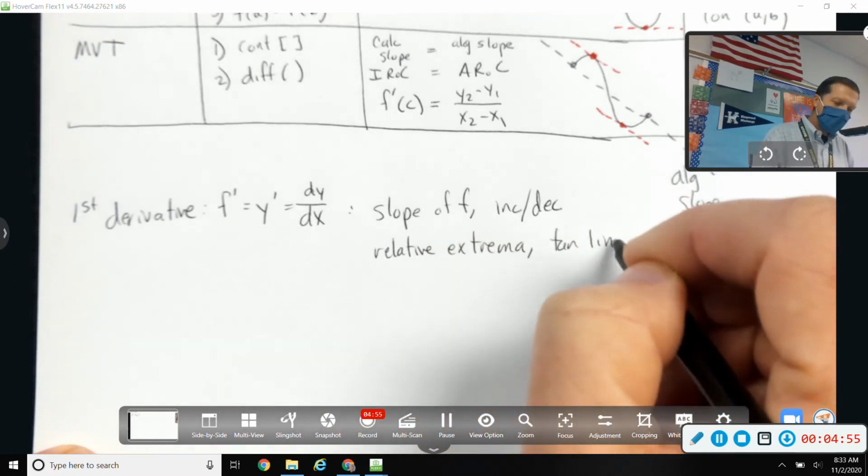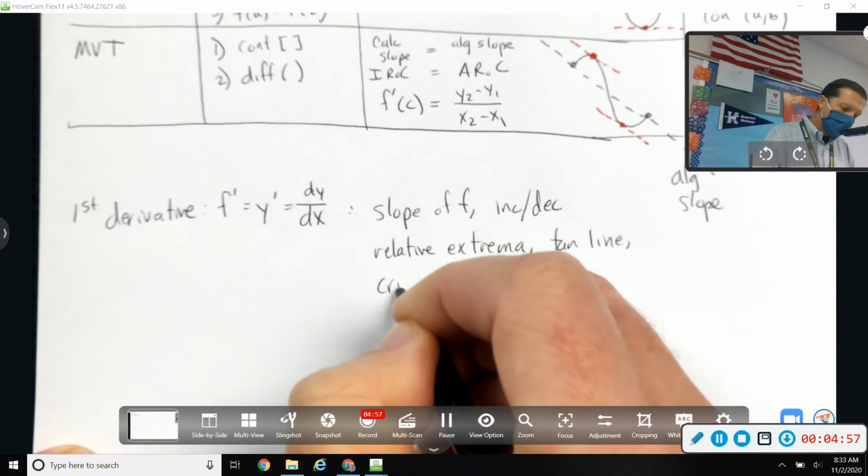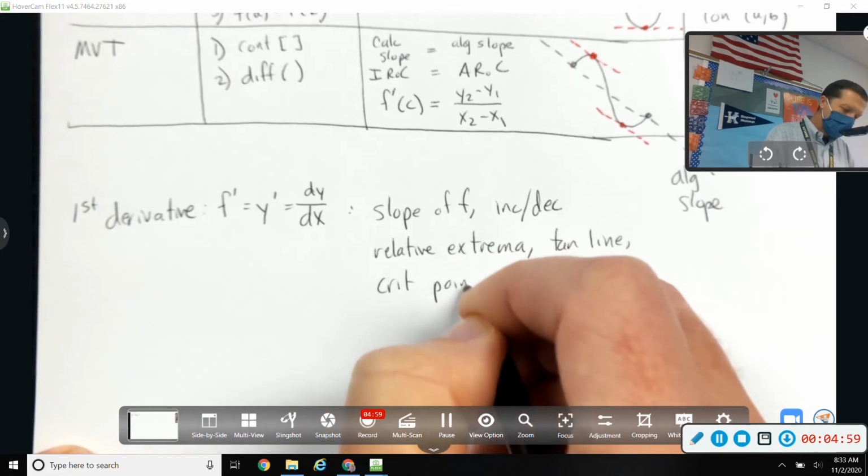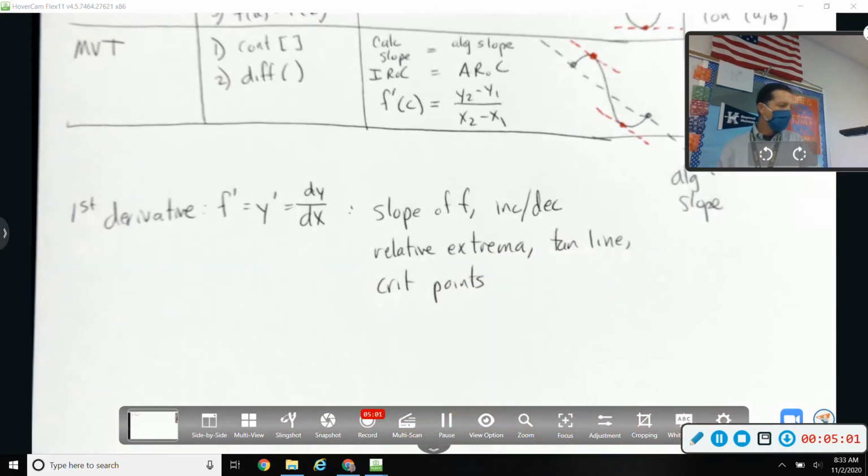It can help me find tangent lines. It can help me find critical points. All of that comes from first derivative. And usually first derivative, set it equal to 0, and then depends on what the problem asks for, what you do from there.